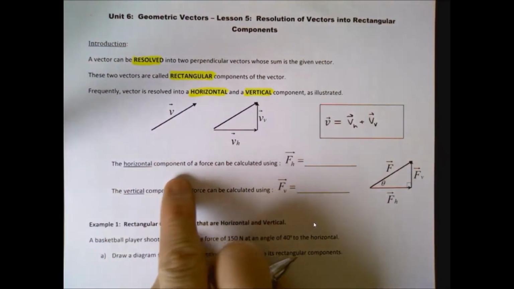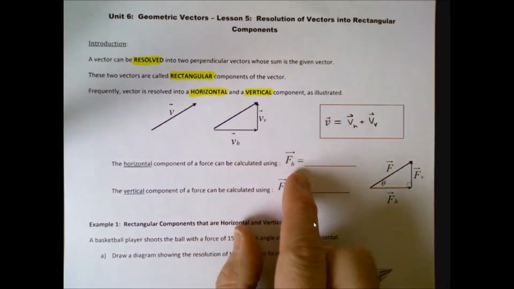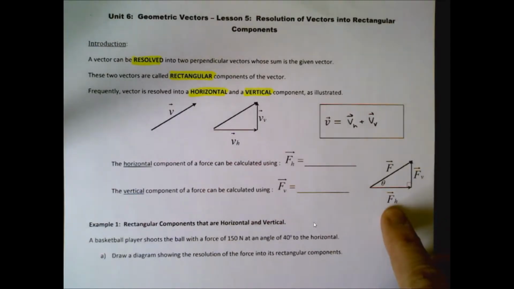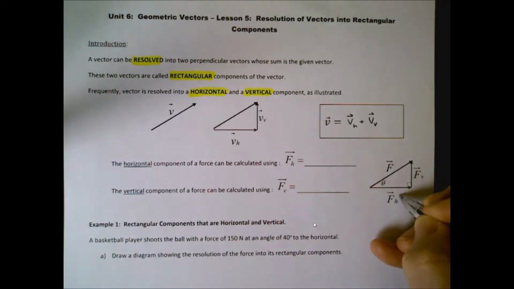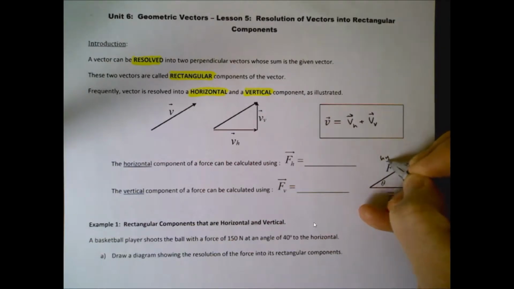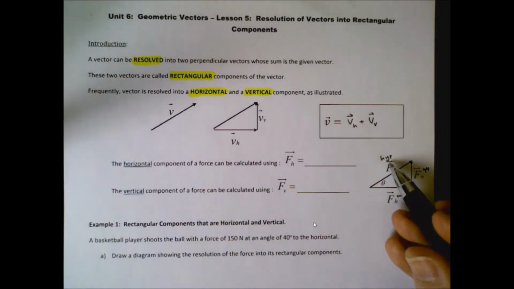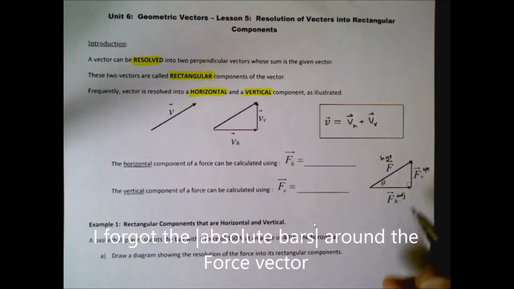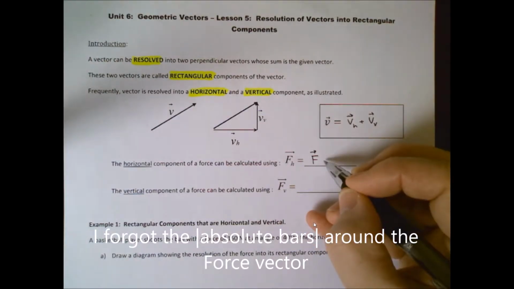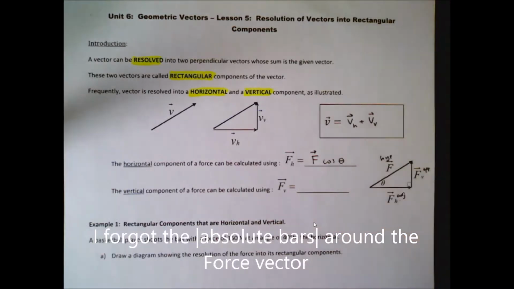That means the horizontal component of the force can be calculated using VH. Because I have the adjacent side, the opposite side, and the hypotenuse, and I've got the adjacent and the hypotenuse, VH is equal to the overall force times cos theta.